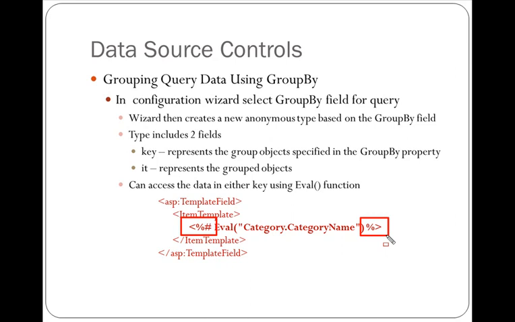Data binding expressions create bindings between a server control property and a data source when a DataBind method is called on the page. So you can include data binding expressions on the value side of the attribute value pair in the opening tag of the server control, or anywhere in the page. But this is how you would access the data in either key by using the Eval function.